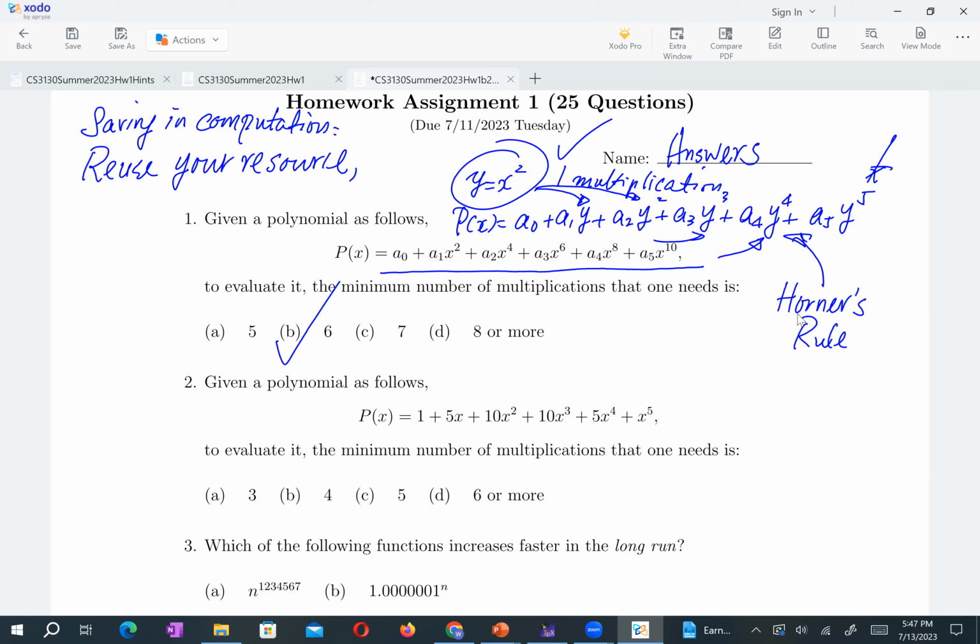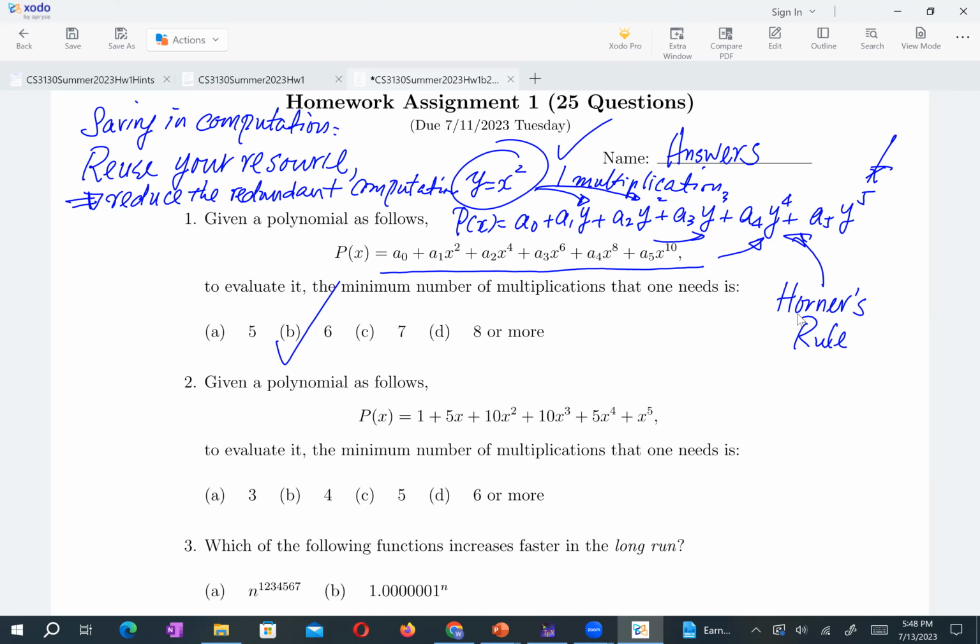When you reuse your resource, you reduce the redundant computation. Otherwise, you would do redundant computation in the second term, the third term, and so on.